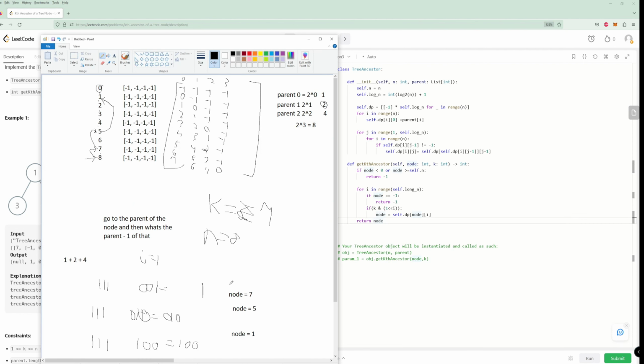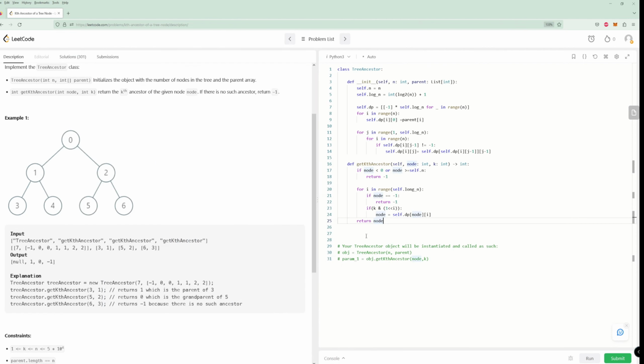And so let's think of the time and space complexity for this. So in our pre-processing here, we are creating an array for every single node, and we're creating a logarithmic number of parents for that node. So we have n nodes, and then a logarithmic number of parents for that node.